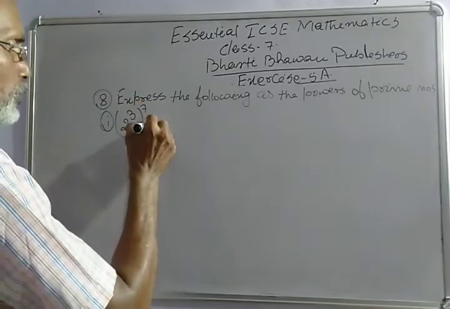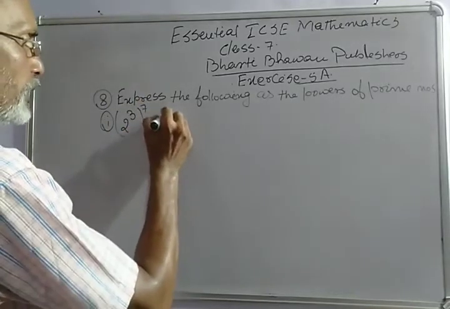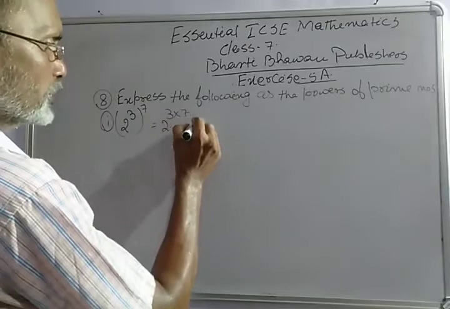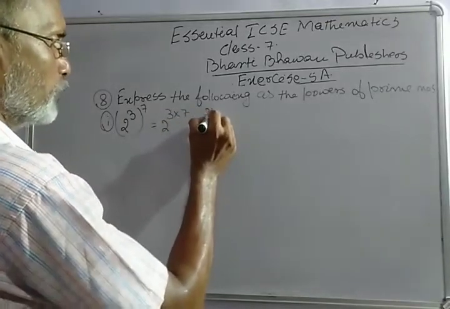So this is equal to 2 to the power 3 into 7. So this is equal to 2 to the power 21.